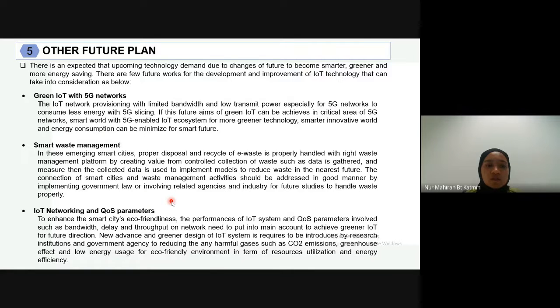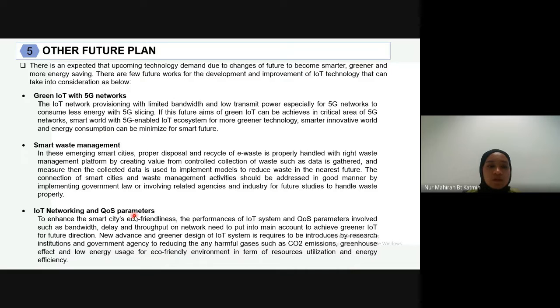The connection of the smart city and waste management activities should be addressed in a good manner by implementing government law or any other related agency and industry involvement, for future studies and to handle waste properly.